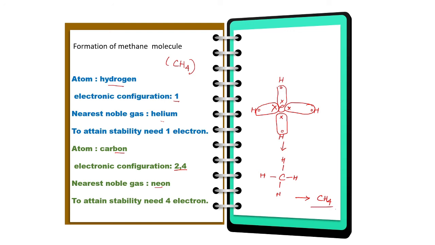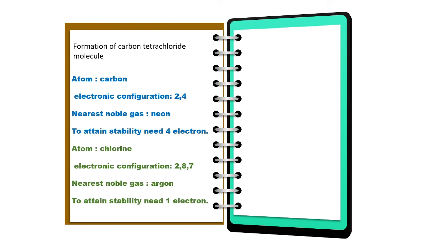Then the next example is carbon tetrachloride, and this is the last example for the covalent compounds in your syllabus. Okay, the carbon tetrachloride formula is CCl4. The structure is similar to methane, where instead of hydrogen you have chlorine.